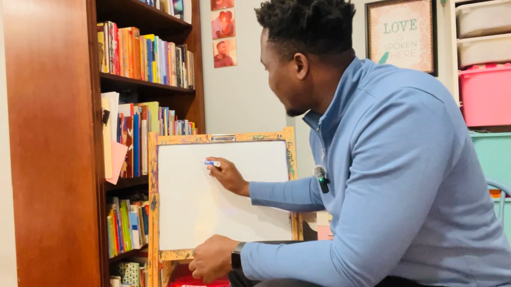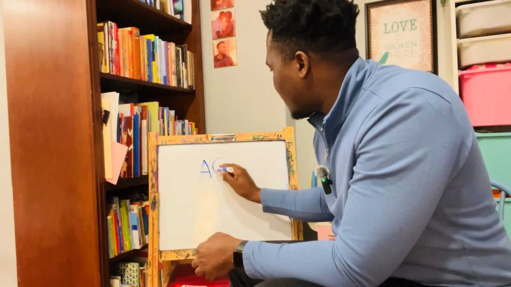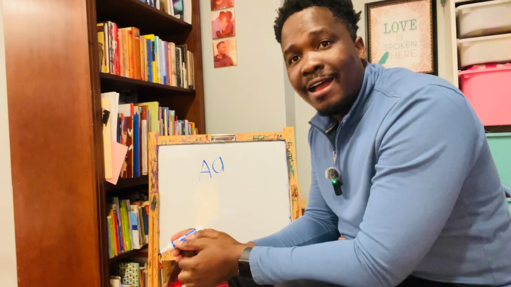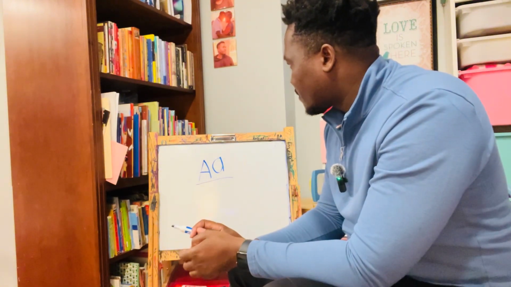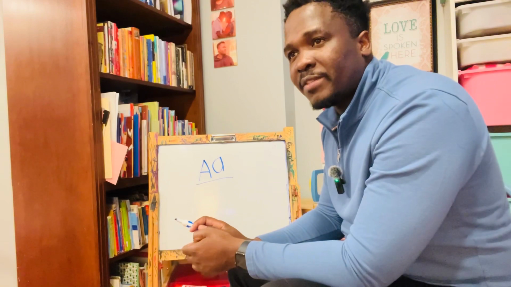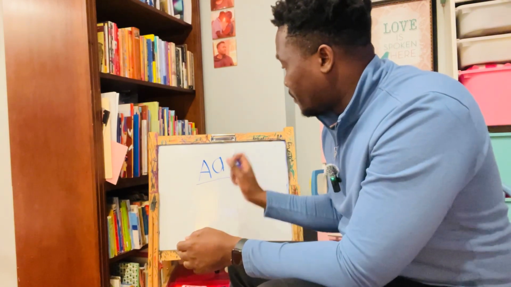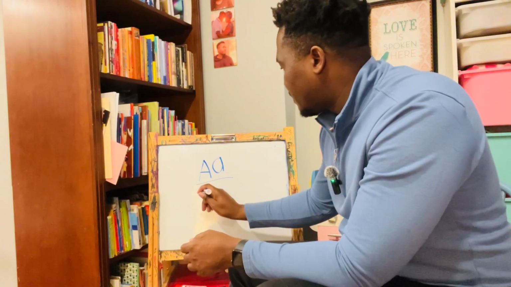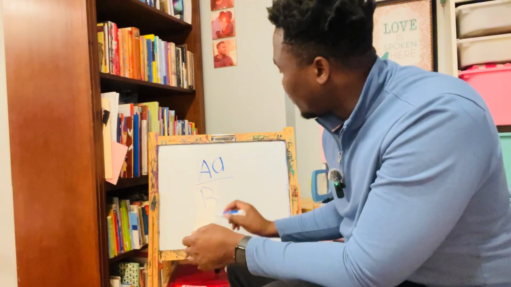So A, that's how it sounds in Setswana. I'm trying to think if it says A at all. It doesn't say A like how it does in English. It goes ah, and then we have bo.